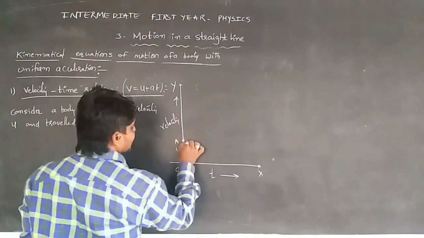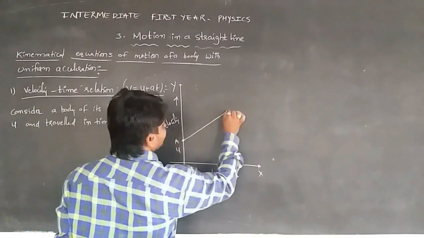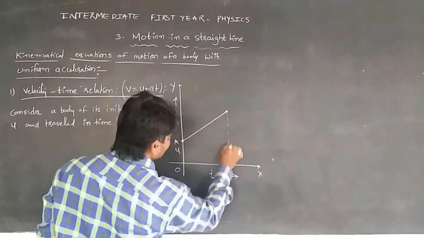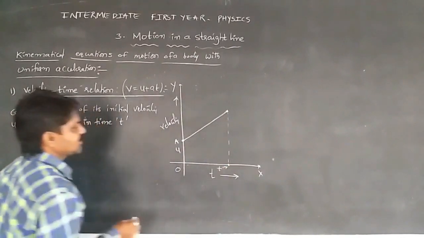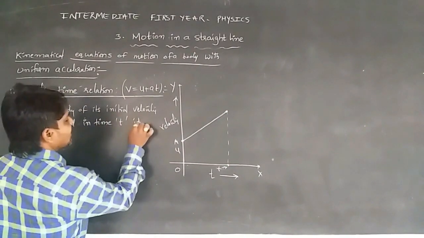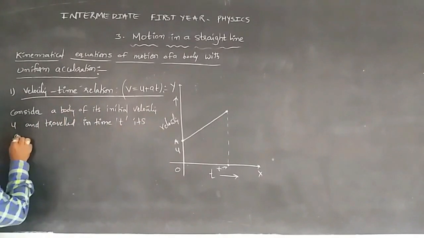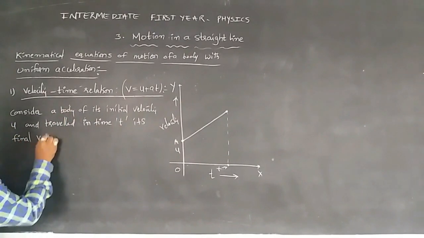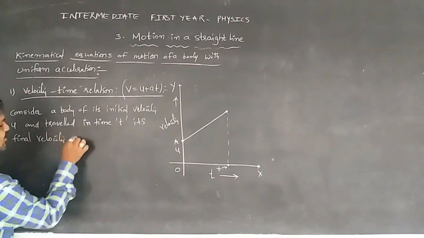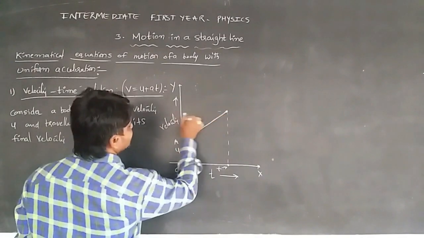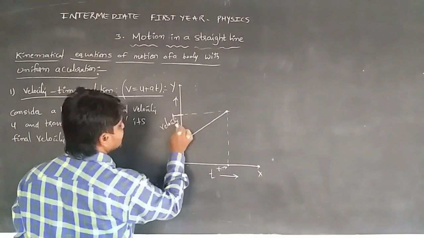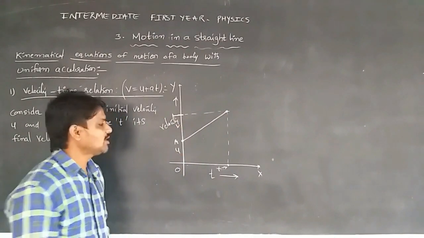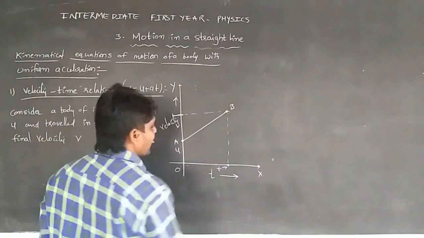After traveling for some time t, its final velocity will be v. Whenever it reaches this point, the final velocity will be v. Here consider it as b.